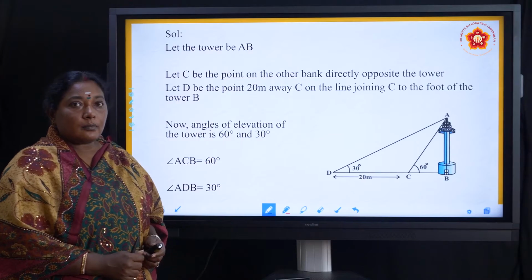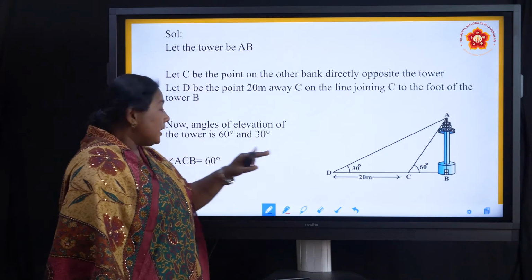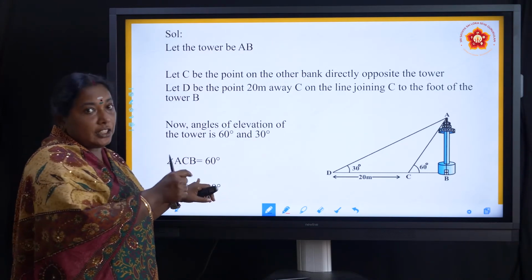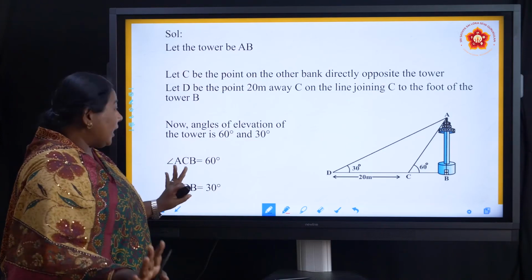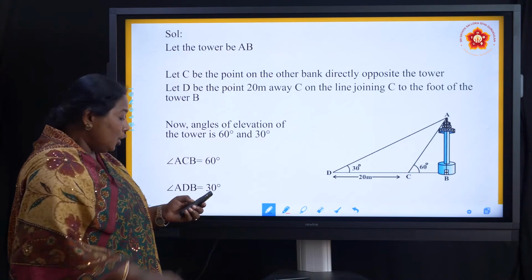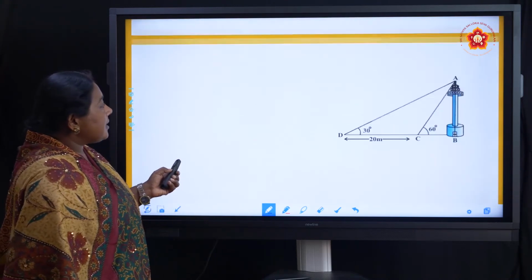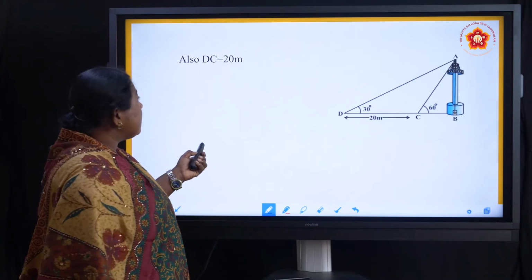So CD they have given us. They have given the angles and the distance, whatever they have given in the question, write it as it is. Nothing changes in that. This is the thing which is given in the question itself. Nothing new we have added. Next, CD is equal to 20 meters, that is given.